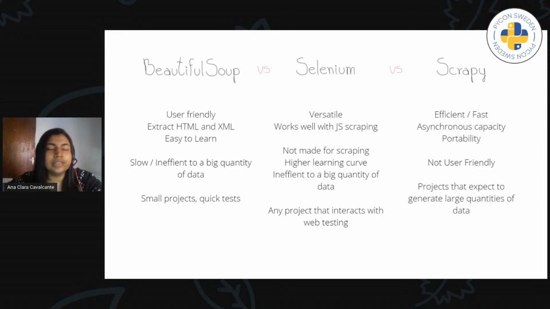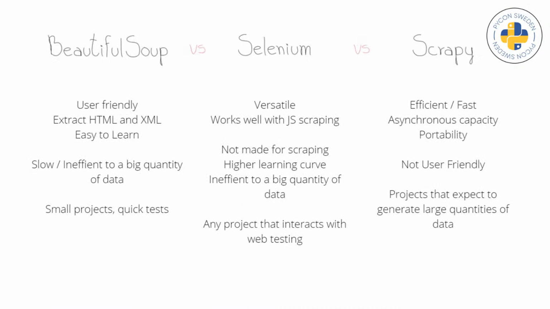So Beautiful Soup has some pros, such as it's really user friendly. It's much easier for someone who is a beginner, for example. If you know a little bit of Python and you know the basic structure of a web page, you should be okay dealing with Beautiful Soup.